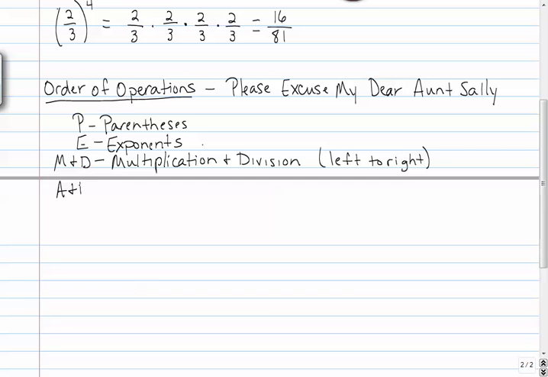And then the A and S are done in the same step, and that stands for addition and subtraction. And that's going to be done in order from left to right. So that's your order of operations.